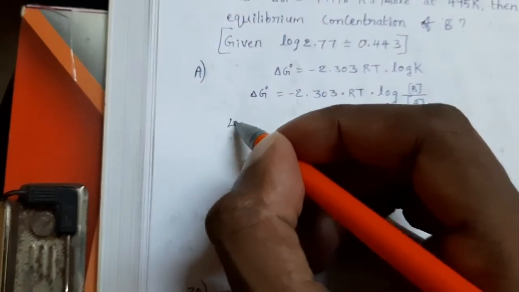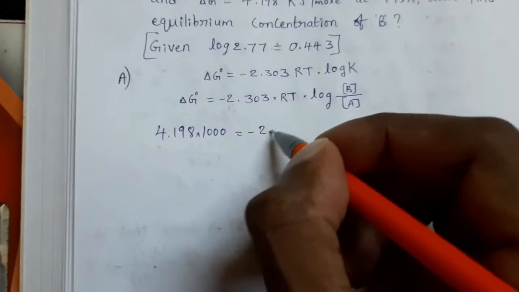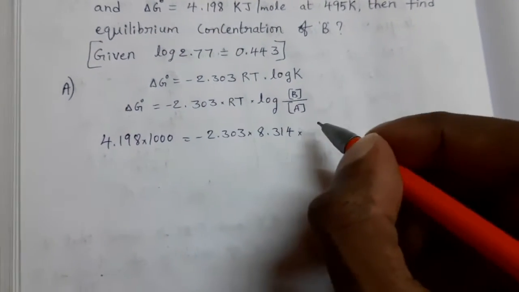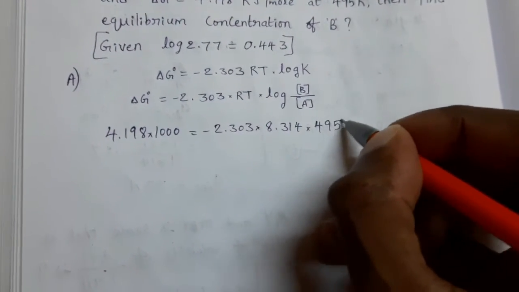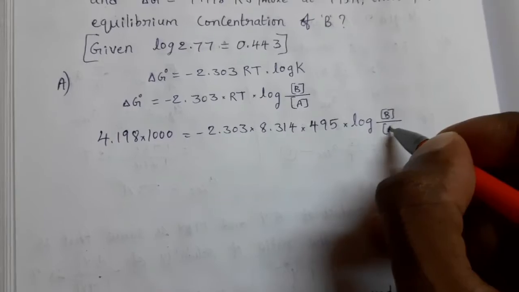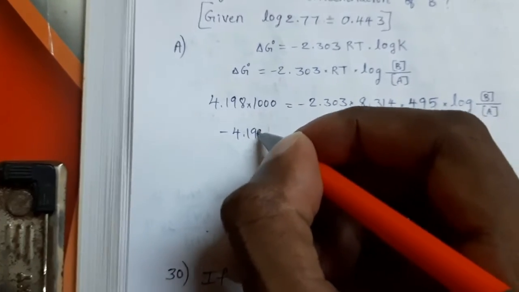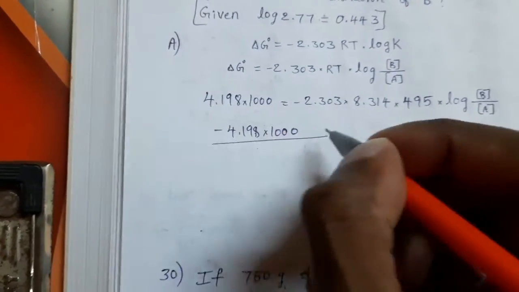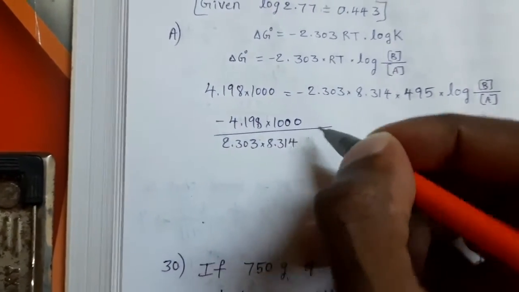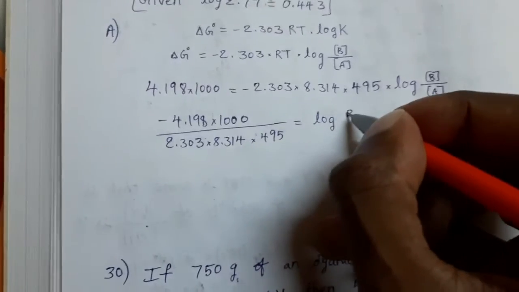Convert that value into joules. 4.198 into 1000 joules, that equal to minus 2.303 into R value 8.314 joules into Kelvin temperature 495 into log of concentration of B divided by concentration of A. Now minus 4.198 into 1000 divided by 2.303 into 8.314 joule Kelvin inverse mole inverse into 495, that equal to this one.